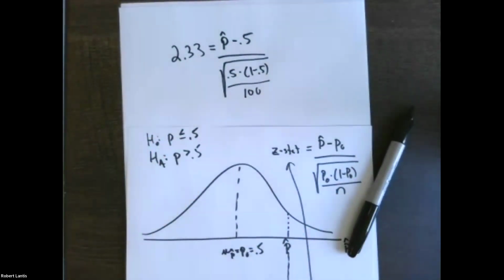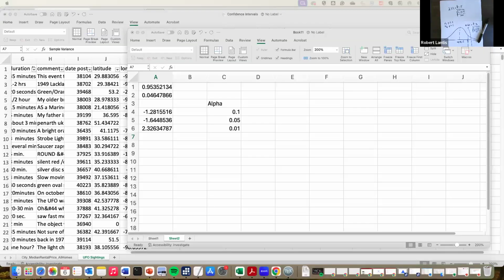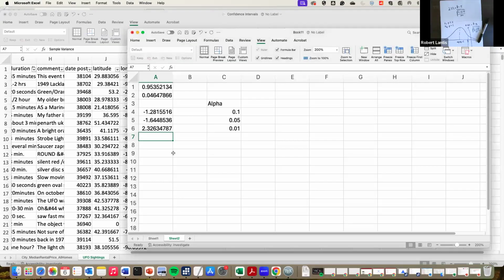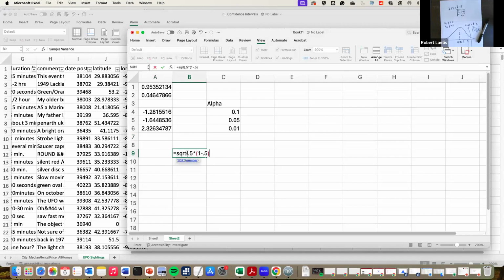So once again, I'll show you how I would do this. What I'm first going to do is calculate what's in my denominator. That's just going to be the square root of 0.5 times 1 minus 0.5 divided by my sample size of 100. So I get 0.05.